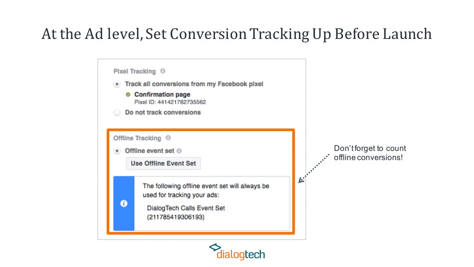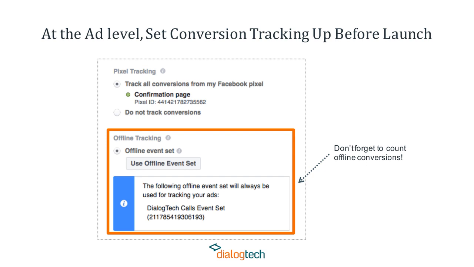Okay, so we're at the home stretch, guys. I'm going to show you a quick screenshot of how it looks in Facebook Ads Manager when you're setting up your conversion tracking. Always make sure to set up your conversion tracking before launch. If you did launch already, get it set up as soon as possible, right? You can do the pixel tracking using the Facebook Pixel, absolutely do that.